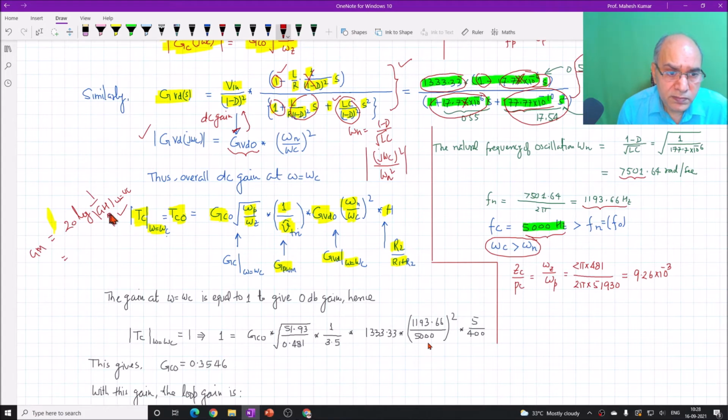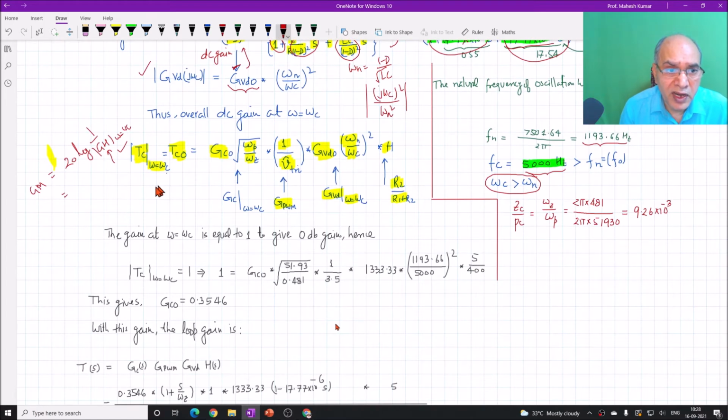Now this is 1, it has to be 1, that is how we define the phase margin. The phase margin is the angle away from the 180 degree axis at 0 decibel gain, or at the gain crossover frequency. So this means that GH must be equal to 1, or the loop gain magnitude at this frequency must be equal to 1, if we want to find the new phase margin at omega equal to omega c.